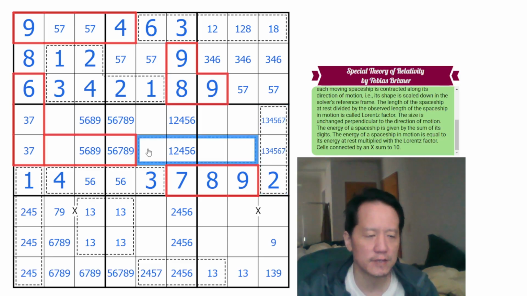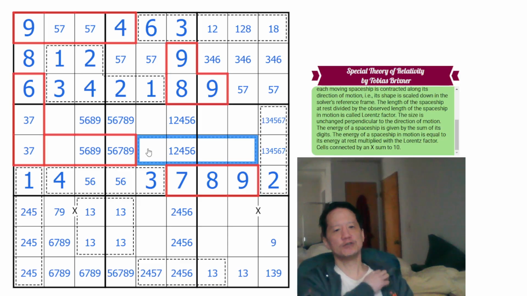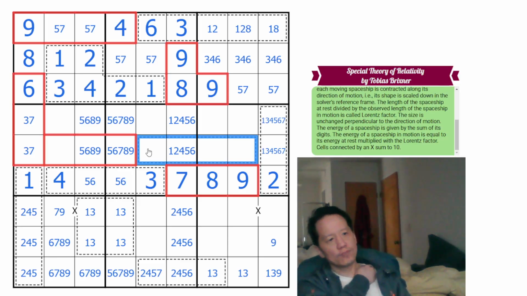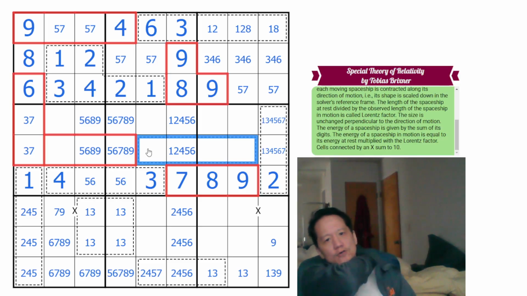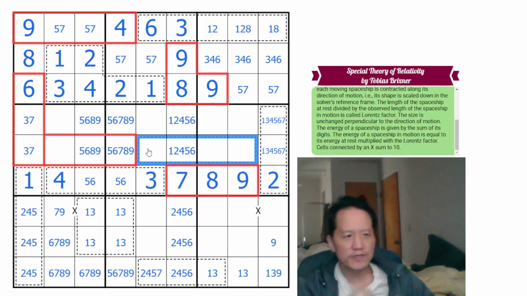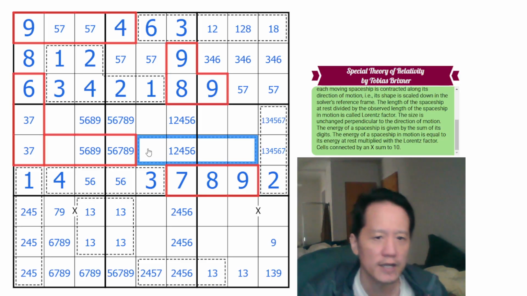What about this then? Again, you have a ratio of 4 to 3. If you have 4 digits, you have to have at least 12. So you could have 12 with 16. Well, 12 plus 16 is 28.